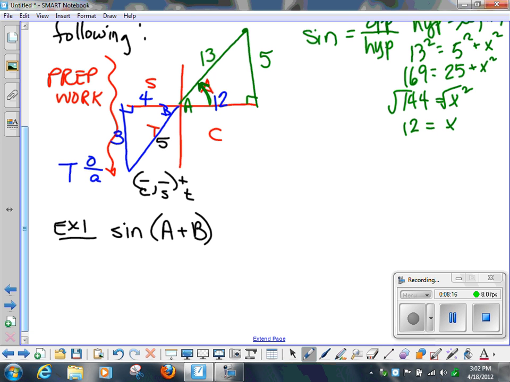The sine formula is, using our angles A and B, sine of A cosine of B plus cosine of A sine of B.